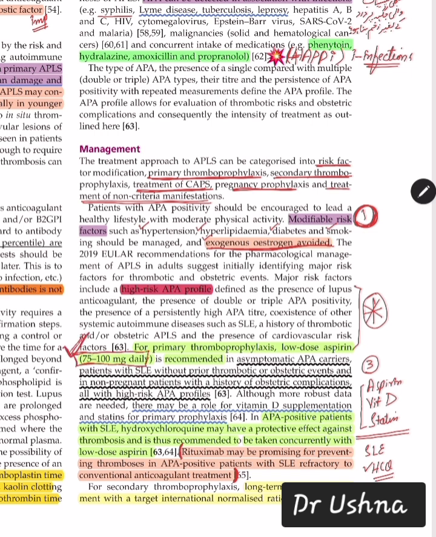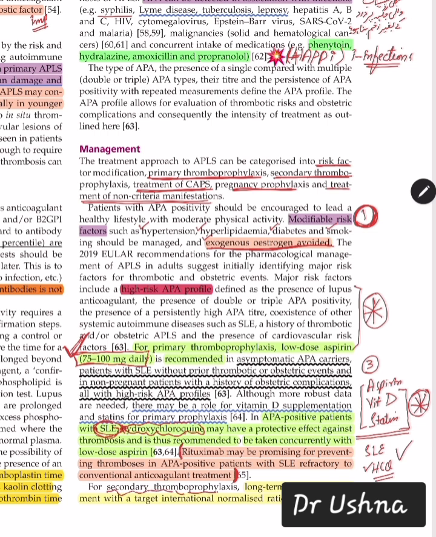And if the patient has concomitant SLE as well, then aspirin plus HCQ is the preferred choice. Some studies say that vitamin D and statins also are important in primary prophylaxis of the APLA.